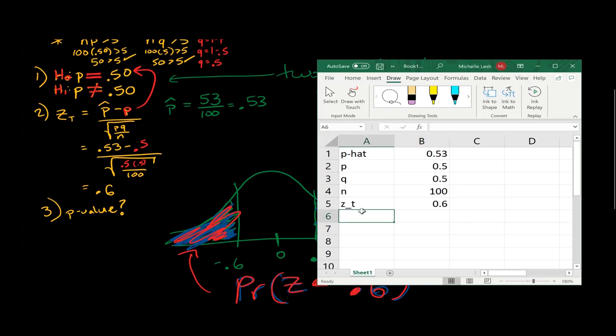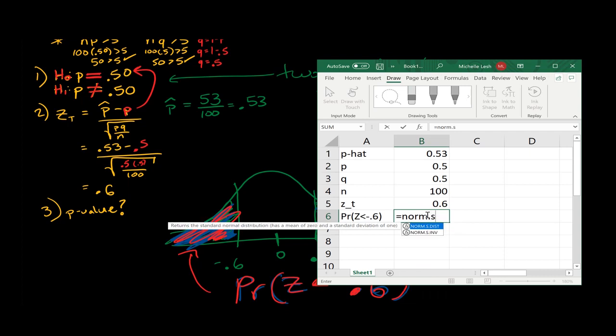So next I need to figure out the probability that z is less than negative 0.6. Equals NORM.S.DIST, that's for the standard normal distribution, open parentheses. The z value is negative 0.6.